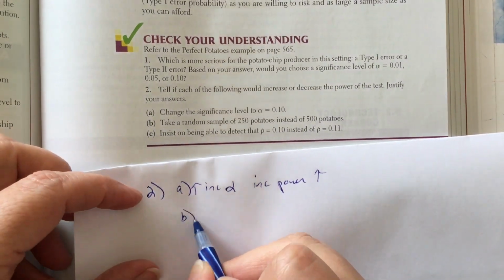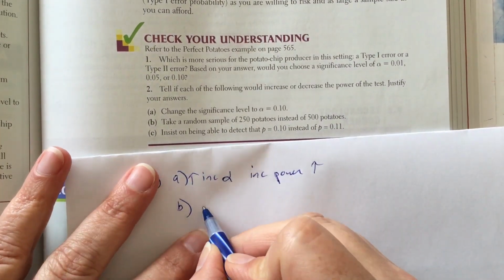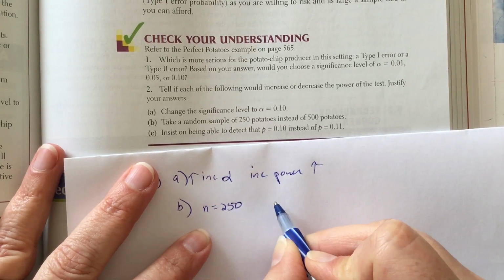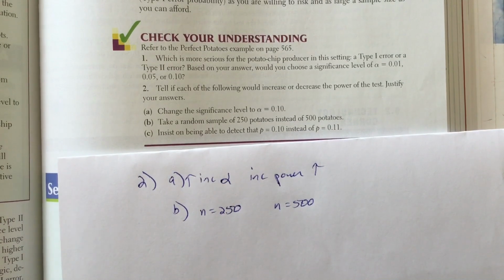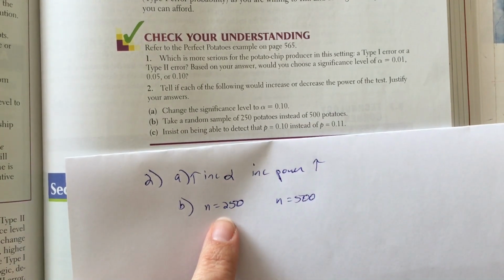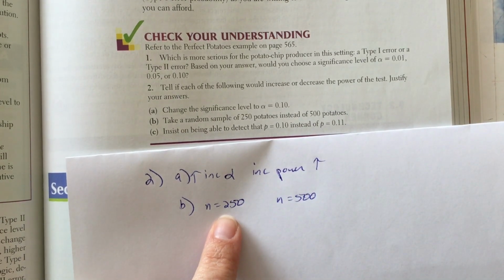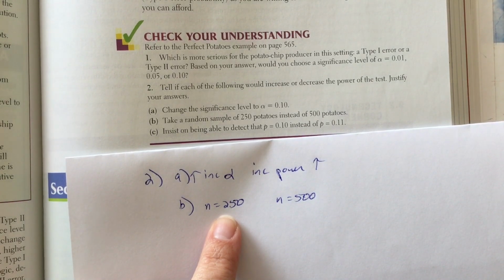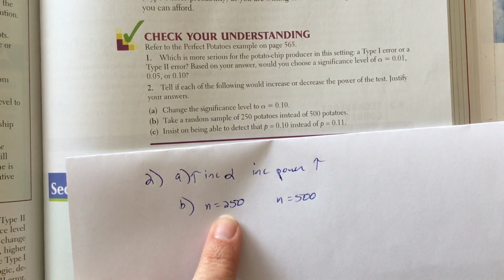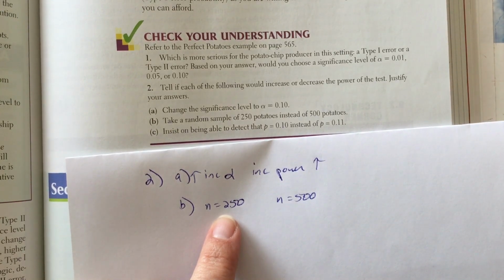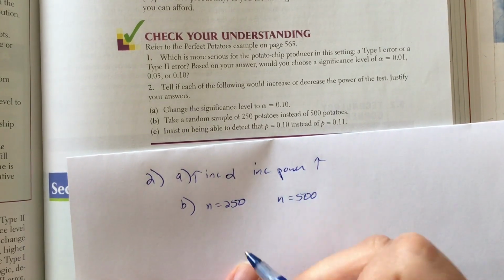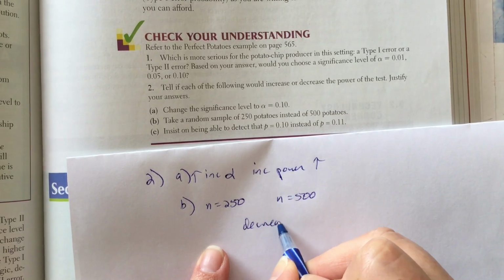B says take a random sample of 250 potatoes as opposed to 500 potatoes. Well, if we have a smaller sample, we know that that's going to increase the standard deviation of the sampling distribution, which will impact our p-value, which will actually decrease the power of the test.